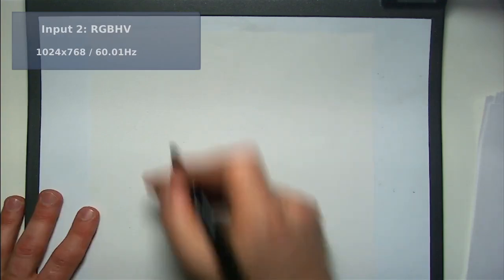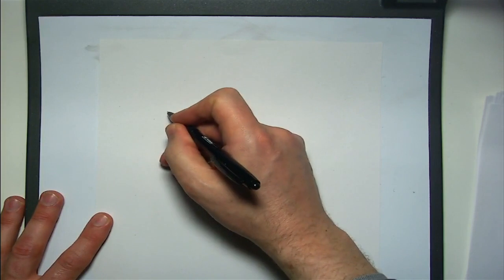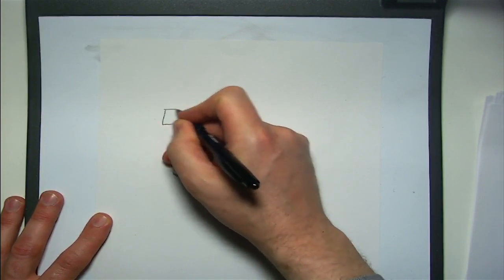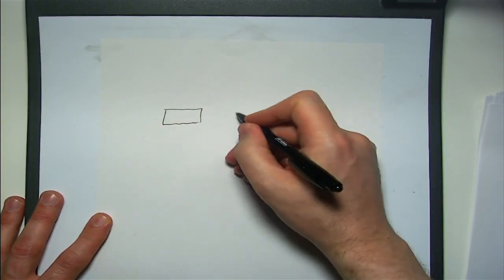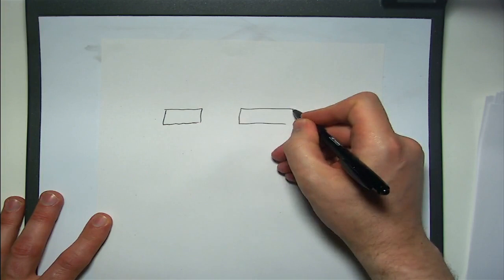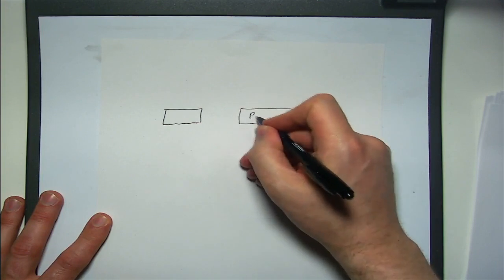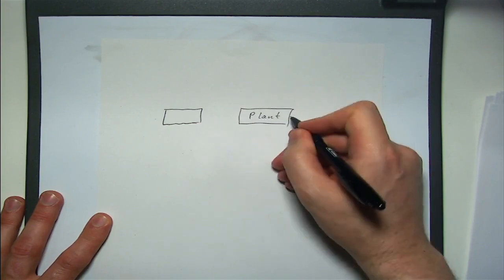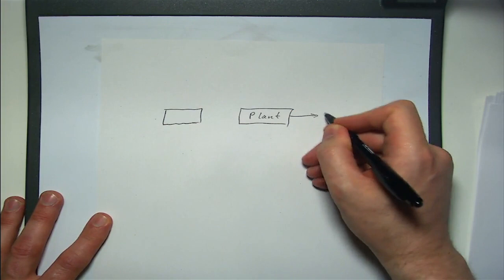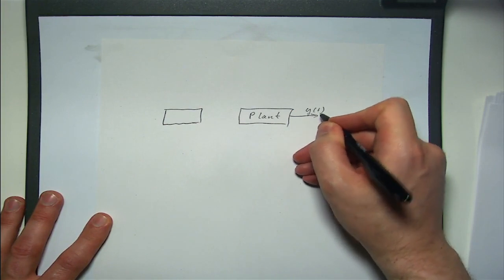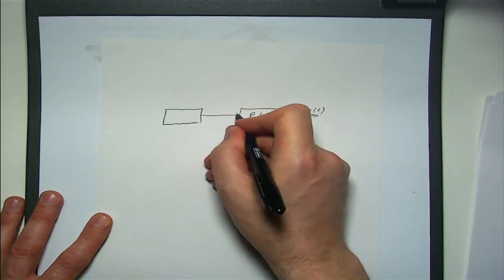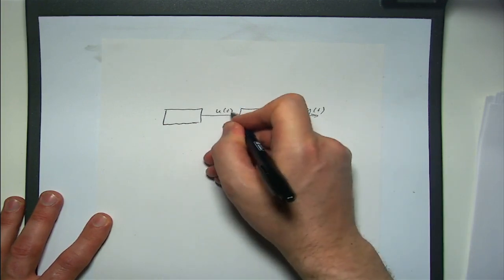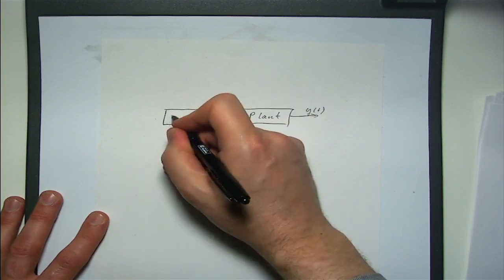So usually we have a control loop. Yeah? Our usual control loop looks like this. We have a plant. We have an output Y. And we have a control signal U. And then we have here a controller.